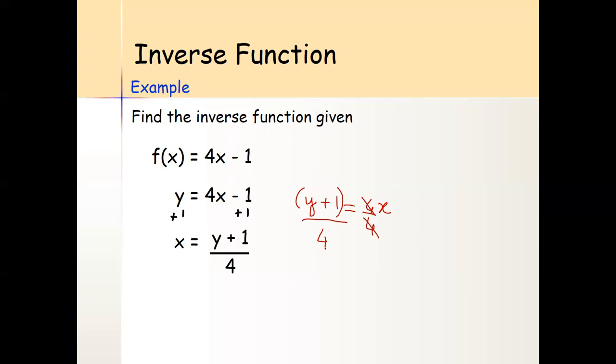Here, 4x, we've divided the whole section. We've not just divided 4 because it's 4 times x. Okay? So a very common mistake, people forget the brackets and just put y over 4 plus 1, and then they lose the mark. So if you don't want that to happen, put brackets, and then you might remember it better. Now, what's f minus 1 of x?